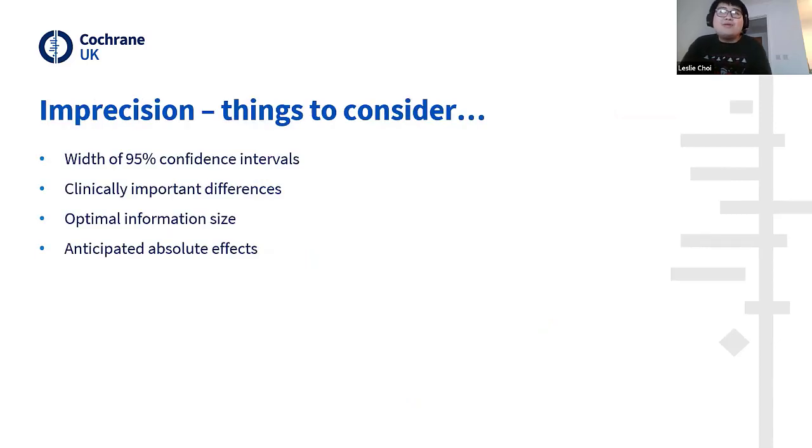So what are some things to consider when we look at imprecision? Like I said, the width of your 95% confidence intervals, if they're available. Also, what is a clinically important difference?